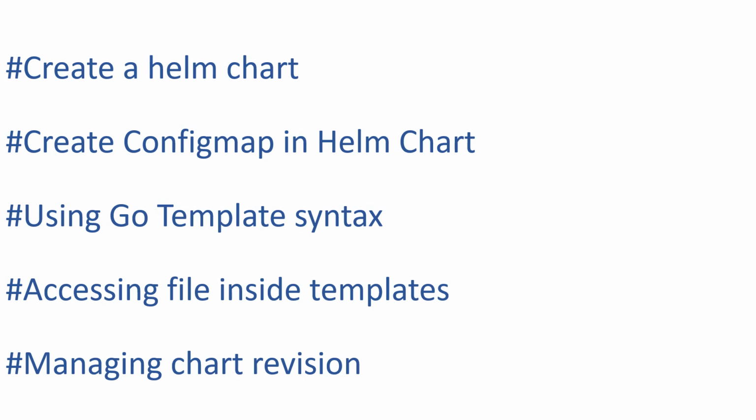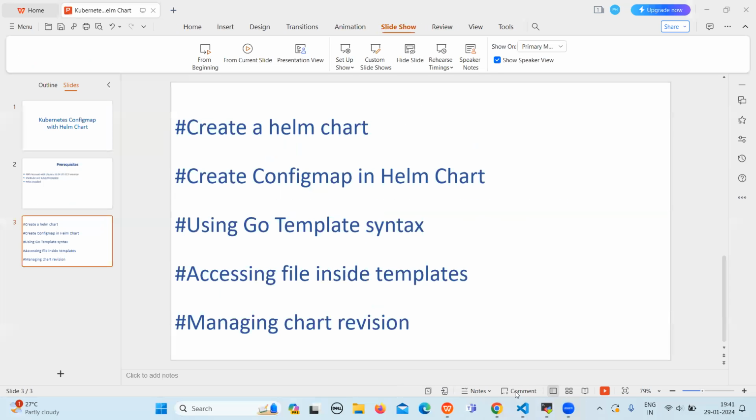For that, we will create a static directory, and in it we will create the index.html file. And to access this file, we will modify the configmap.yaml to include the static content. And after that, we will see how to manage the chart revisions. So let's see the practical.